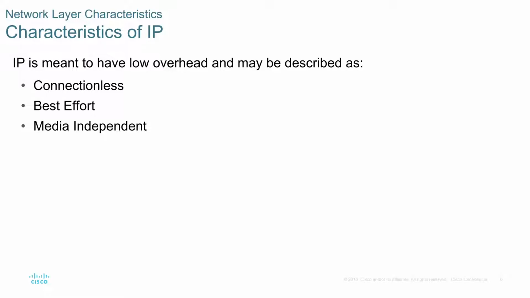The user can request the information again or send the information again. IP is also totally independent of the media. Since the media is controlled more by the data link layer and how packets are encapsulated into a frame and placed on the media, the network layer does not need to know what type of media we are sending the data out on.